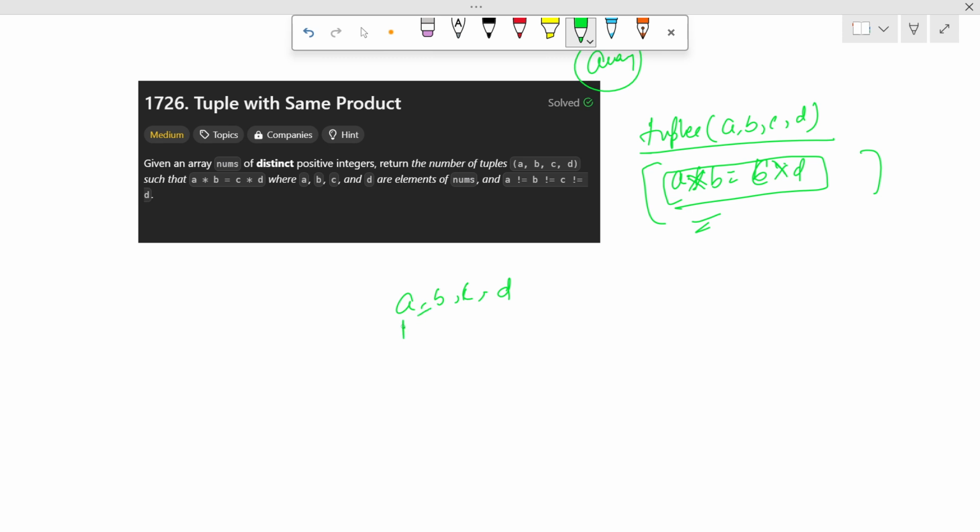Like if a value is 1 and here is also 1, then this is not a distinct value, so we cannot consider this tuple. That's why the problem gives distinct positive integers. Then order matters: different permutations of a, b, c, d are counted separately, so we have to calculate all the possibilities.